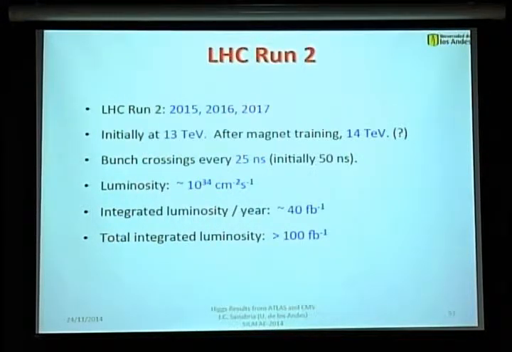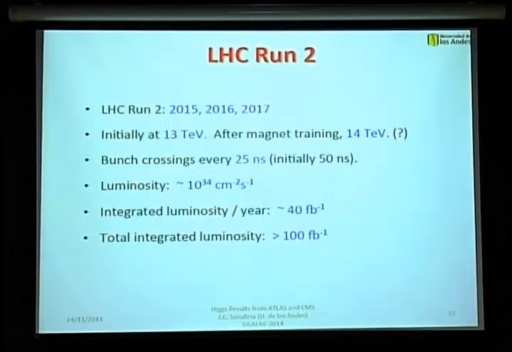Integrated luminosities on the order of 40 inverse femtobarns. We must remember that in the 8 TeV run, the data recorded was 20 inverse femtobarns. So it would double the luminosity per year, and over 3 years, it should go beyond 100 inverse femtobarns.